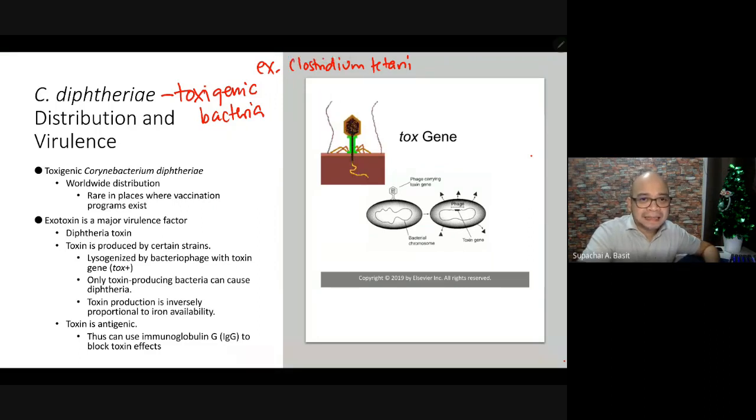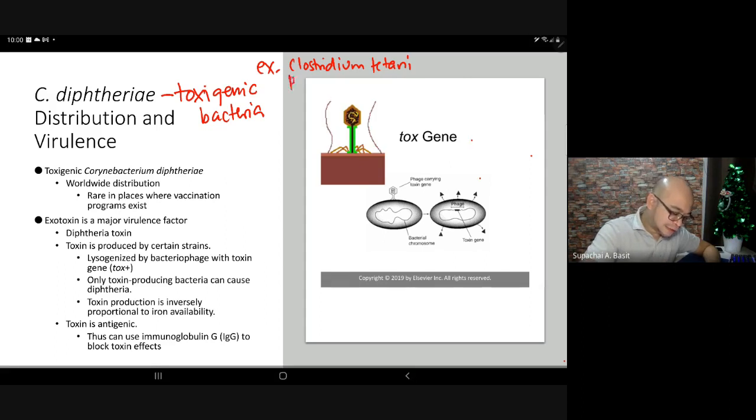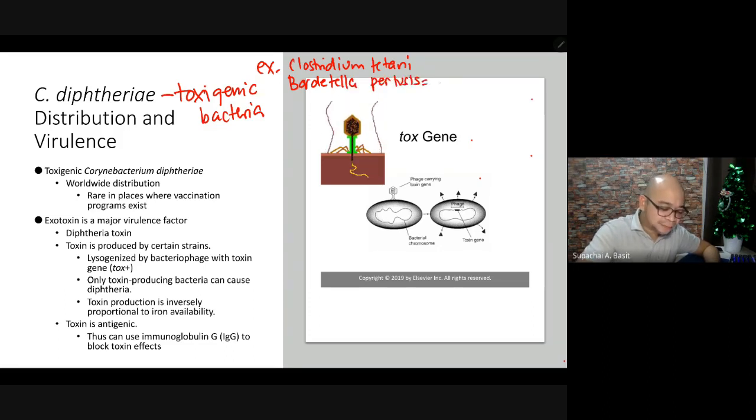And then, aside from Clostridium tetani, another example of toxigenic bacteria is Bordetella pertussis. Bordetella pertussis can cause whooping cough.